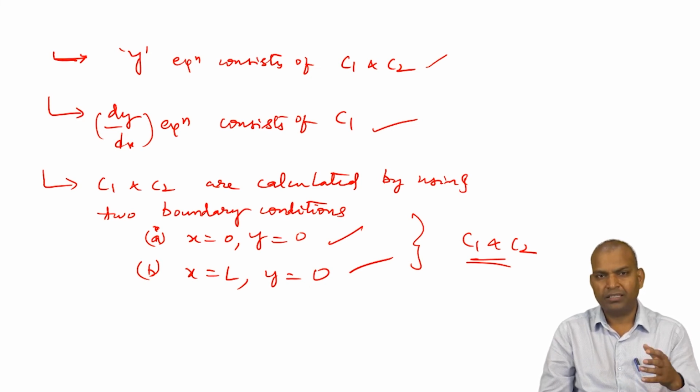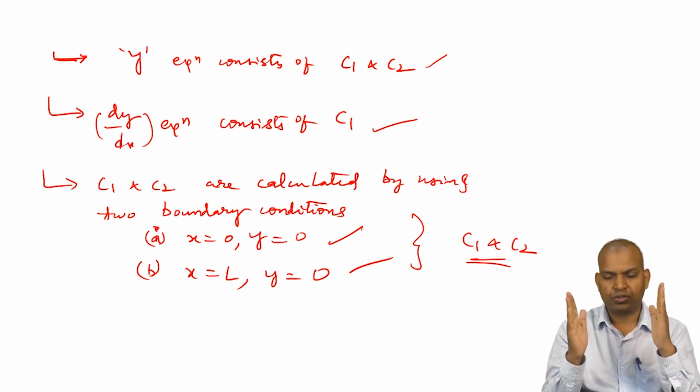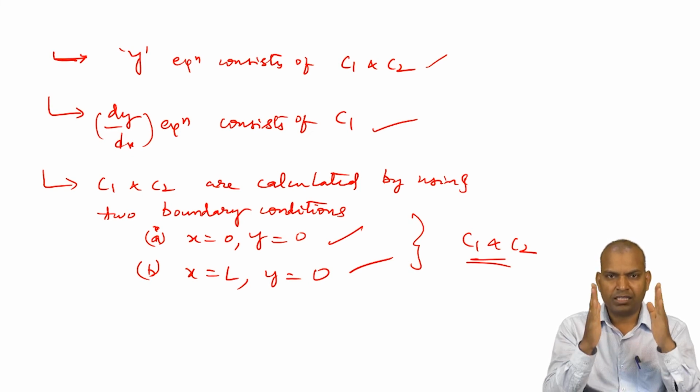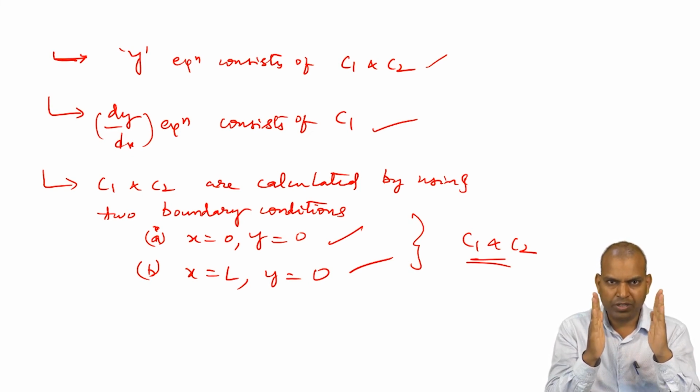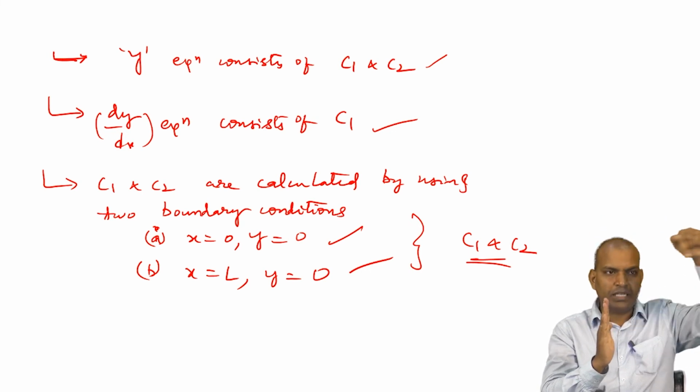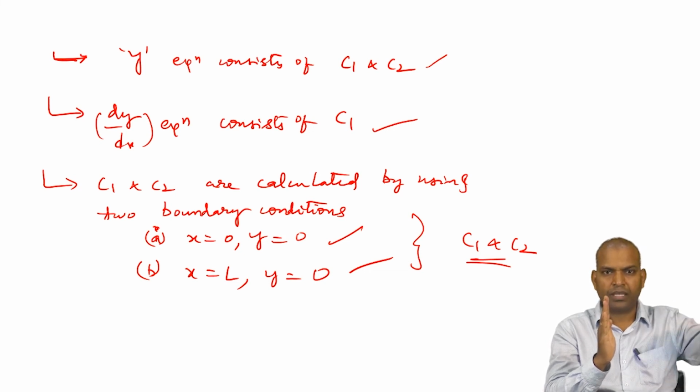You may feel that the supports we observed in the before session and in this session, support A and support B, we considered the reactions as upwards. Why do we consider the reaction is upwards? Because the load on the overhanging beam at the free end is acting downwards.